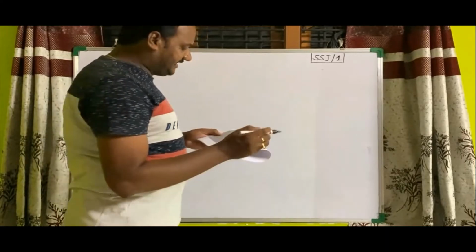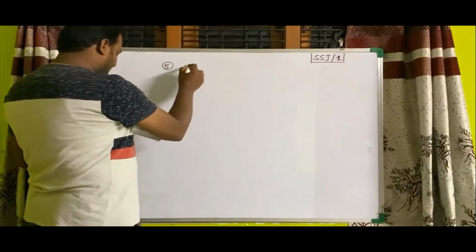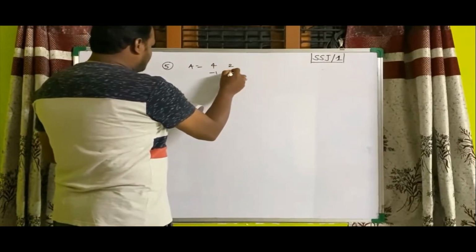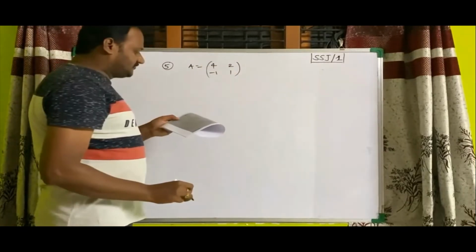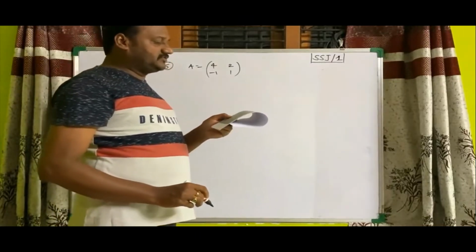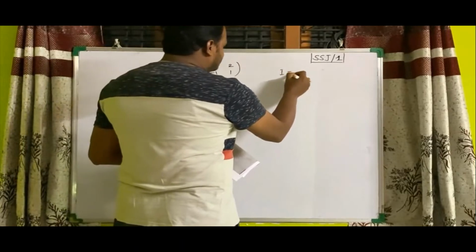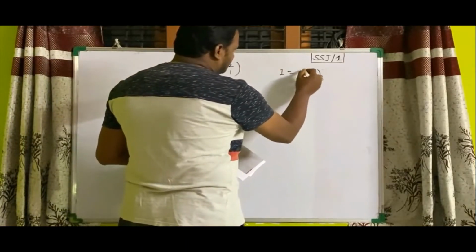And coming to the fifth one, A is given as the matrix [4, 2; -1, 1], and you are asked to find (A minus 2I) into (A minus 3I). Correct? I is equal to what? [1, 0; 0, 1], right?